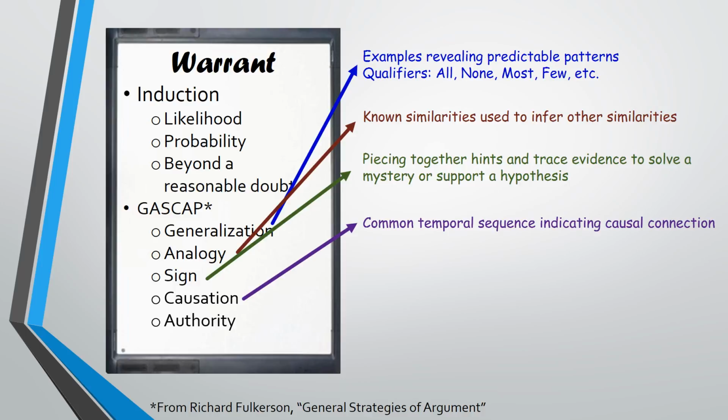We've already seen that expert testimony is one of the most common forms of evidence. This is because we assume that a credible or reliable source offering testimony to a fact is good evidence for that fact.